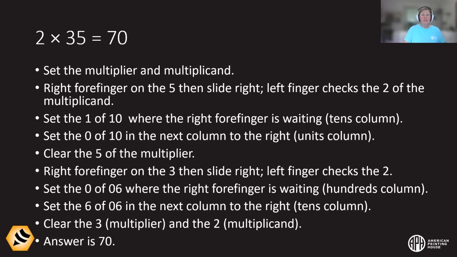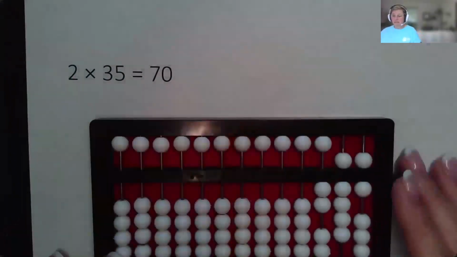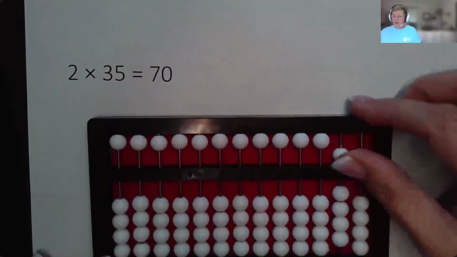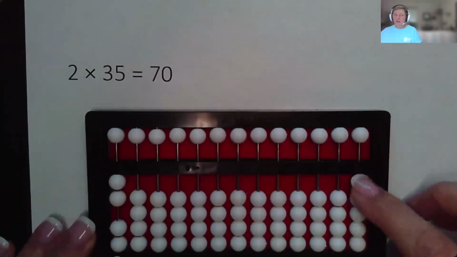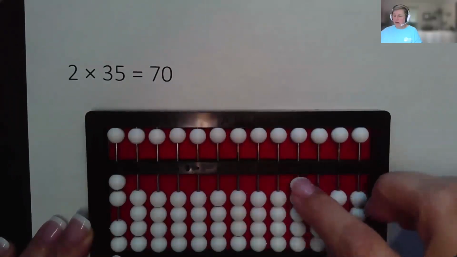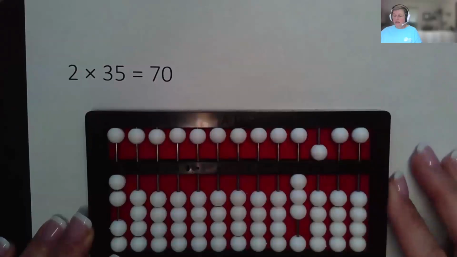That's the first digit that your right hand comes to. I'll set the problem and let's try 2 times 35. 2 on the left-hand side, speaking over to where I set my 35. I set the 3 on the fourth column, a 5 on the third column.